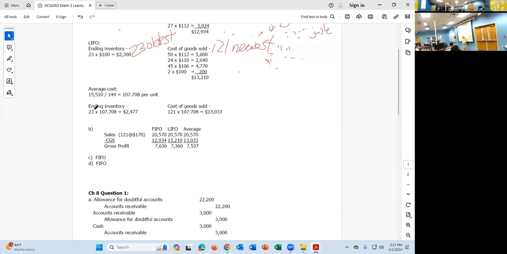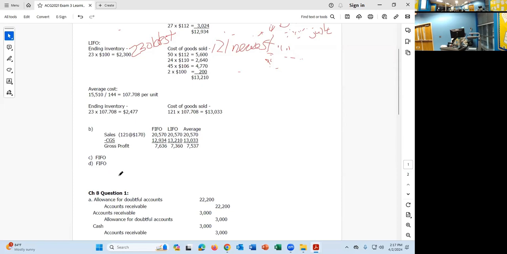So our sales is $20,570, no matter which method we use. But what does change, depending on the method, is the amount we report as cost of goods sold. So once you've figured out your cost of goods sold, it's not that hard to come up with your gross profit, because again, the sales number stays the same. All we've got to do is subtract the different cost of goods sold amounts.